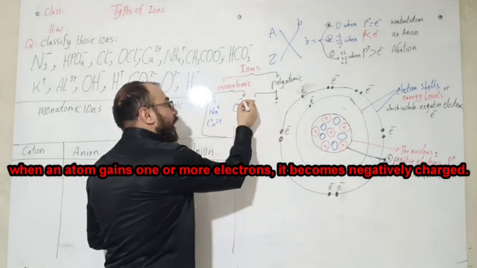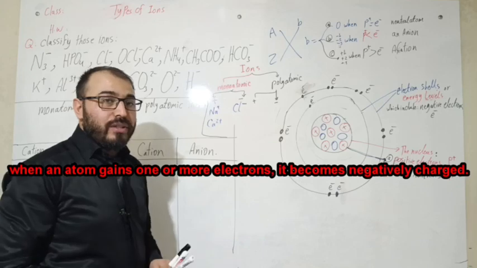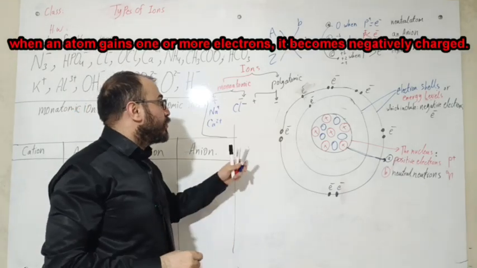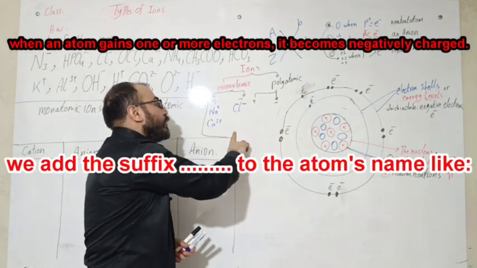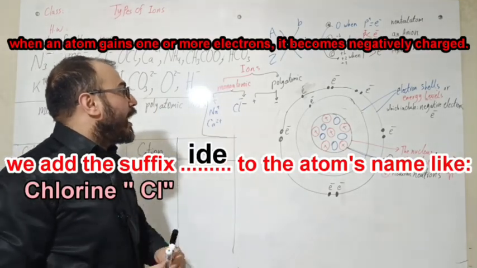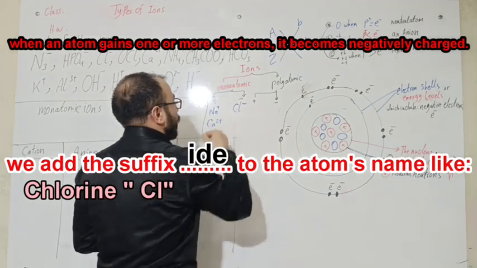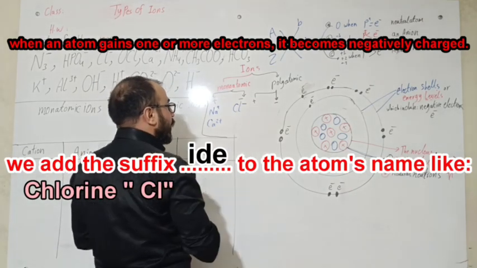But when the chlorine gains one electron, the number of electrons is going to be higher than the number of protons by one, so the atom has become an ion now, and it is negatively charged, -1, because there is a new or extra electron.